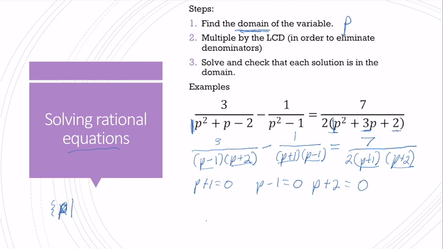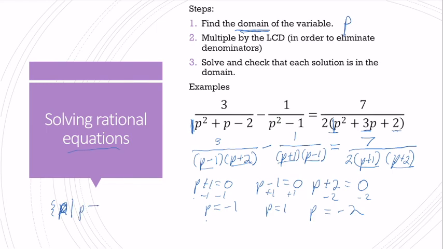So now I have to solve for p by subtracting 1 from both sides. I get p equals negative 1. I add 1 to both sides. I get p equals 1. And I subtract 2 from both sides. I get p equals negative 2. So these are the values that p cannot take on.